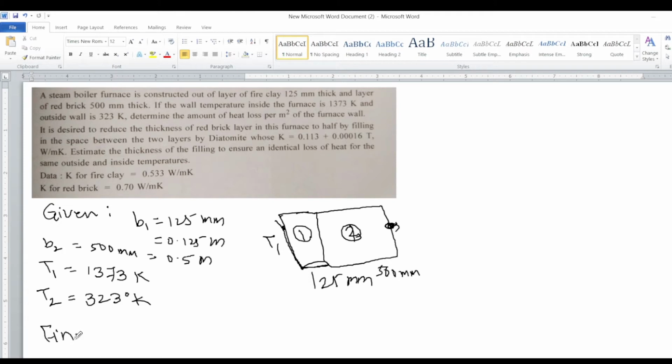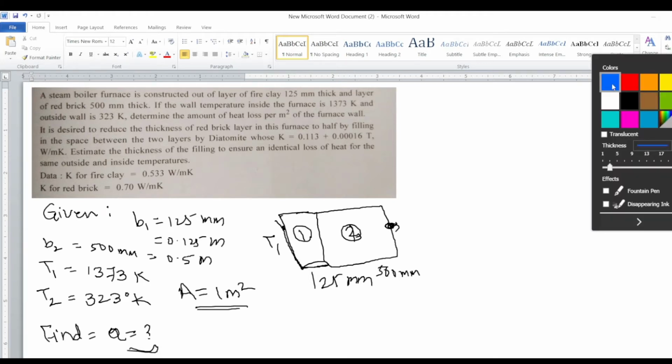They want to find the amount of heat loss per meter square of furnace wall area. So they have given us area as 1 meter square. So this will be the first case. Here they want to find Q.